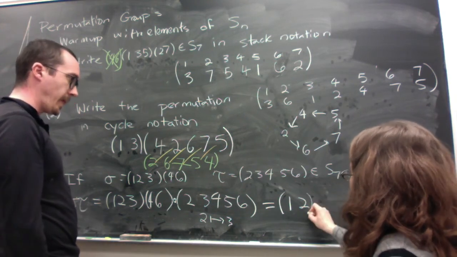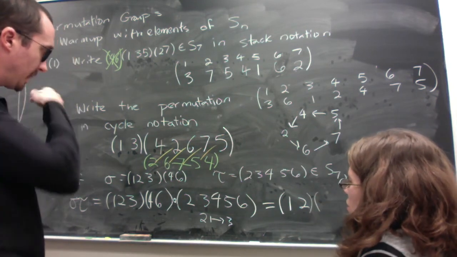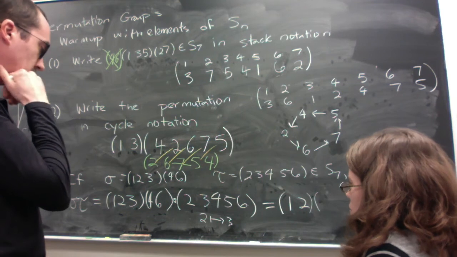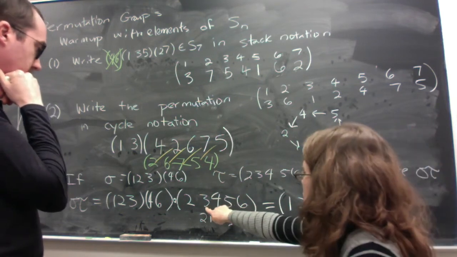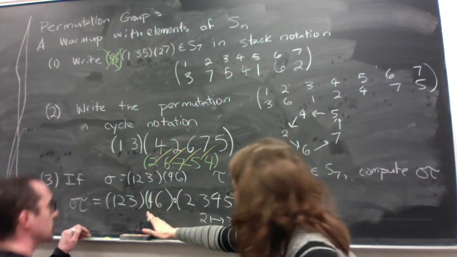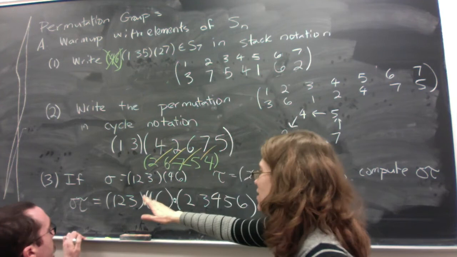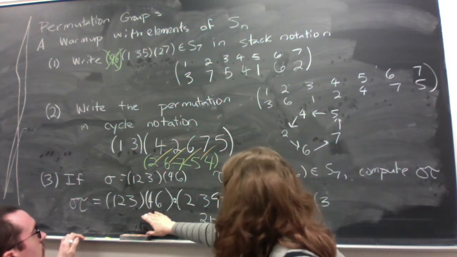Okay, so I close the parentheses and I open a new one. We look at where 3 goes. Here, 3 goes to 4. And then plugging 4 into this new function, I see that 4 goes to 6. Oh, I should have written 3 there so I don't forget.